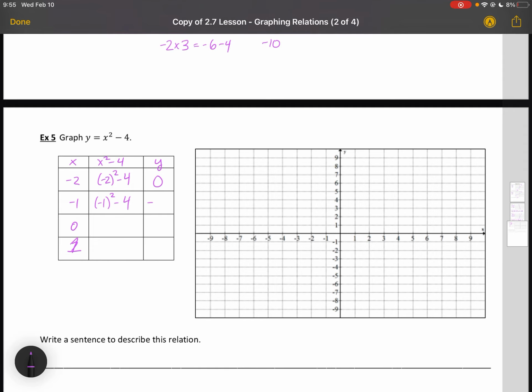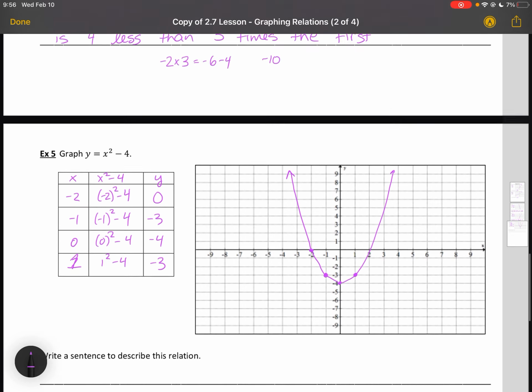Minus 1 squared, 1 minus 4 is minus 3. 0 squared minus 4 is minus 4. 1 squared minus 4 is minus 3. So I've got minus 2 and 0, minus 1 and minus 3, 0 and minus 4, and then 1 and minus 3. Now this pattern, if we kept going, would actually continue on both sides. This relation is a function called a parabola.